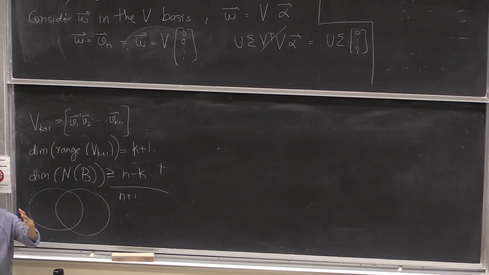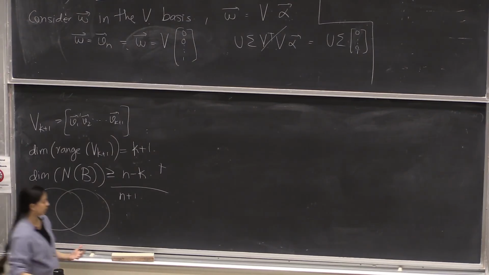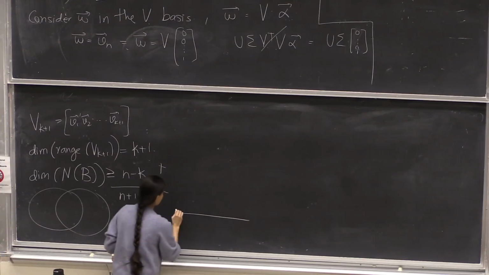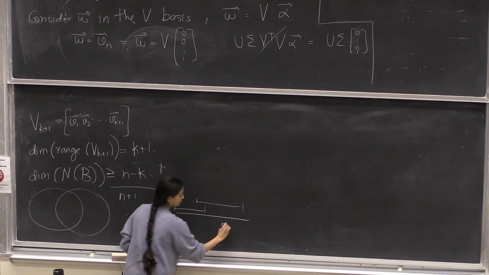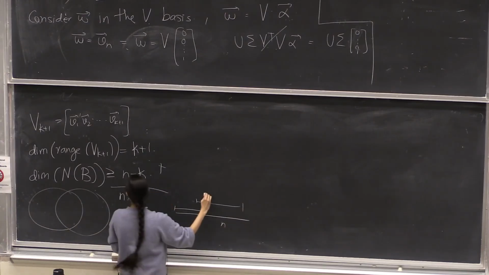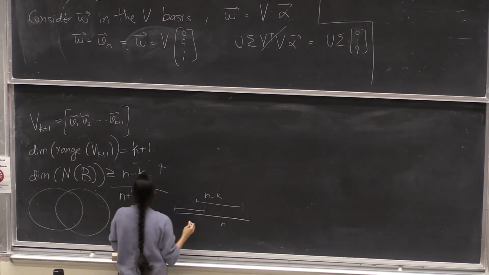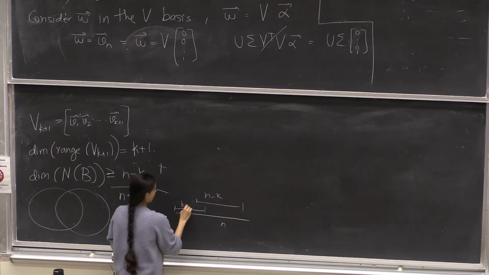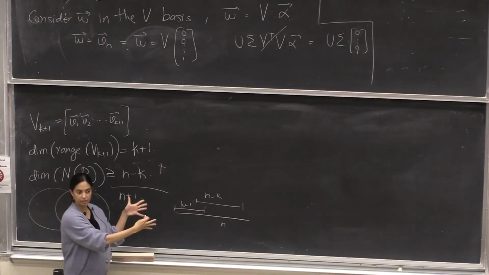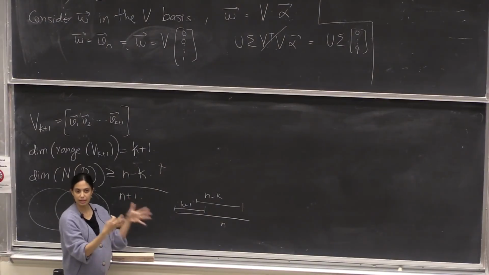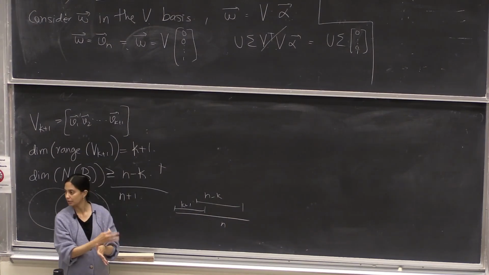I have something here and I have something here, and I have a total of n spots, and I have one thing that is of length n minus k, and I have another thing that is of length k plus 1, right? And they both have to fit into this thing of n. So there must be at least one dimension of overlap between these two things, right?